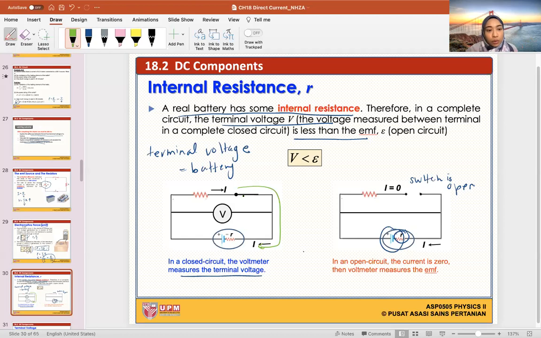The one left is the battery voltage. Now, when we put a battery in an open circuit where the switch is open, there is no current flowing through, so we are not losing energy to the internal resistance, which means that we are just measuring the EMF.